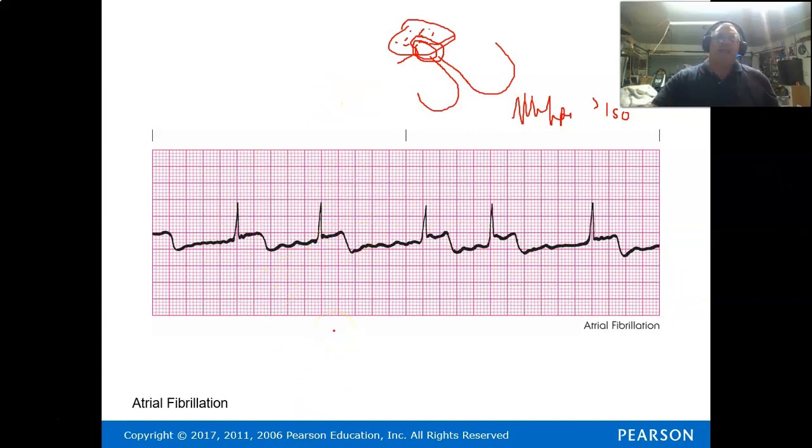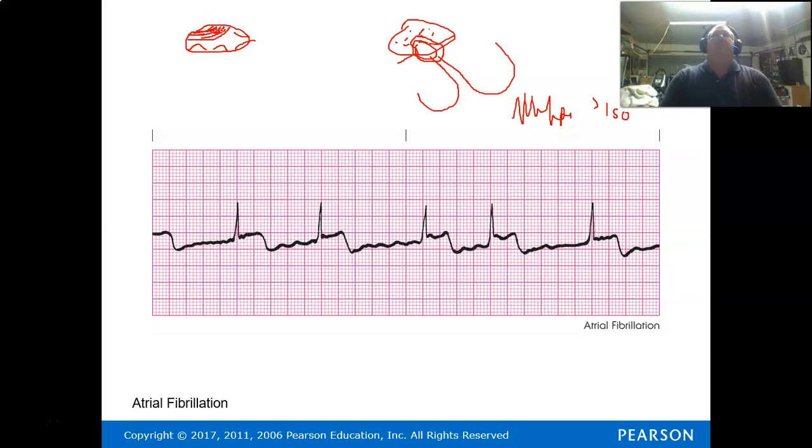Now, the one other bad thing about AFib, guys, especially if they have been in it for a long time, remember that the insides of our heart have these little muscular fibril rings, trabeculae is what the actual term is. But what happens when they fibrillate is blood gets in there and it will clot.